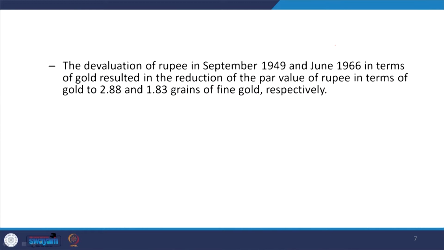Now, the devaluation of the rupee in September 1949 and June 1966 in terms of gold resulted in the reduction of the par value of the rupee in terms of gold to 2.88 and 1.83 grains of fine gold respectively. Okay.